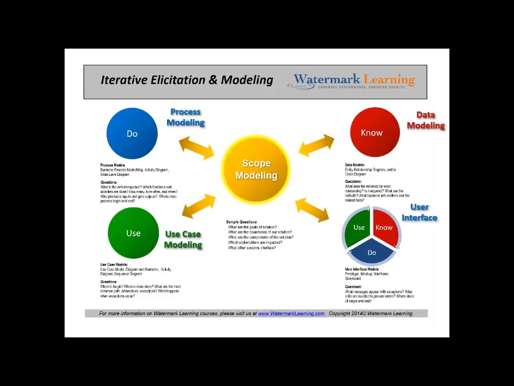This is one of my favorite slides because it shows how the models work together. It's just a summary of what we've talked about, and on it is a description of how we would use the models, as well as some questions to get you going.